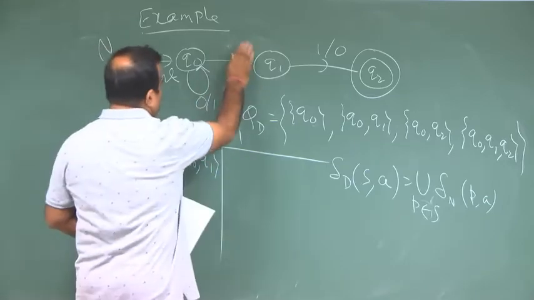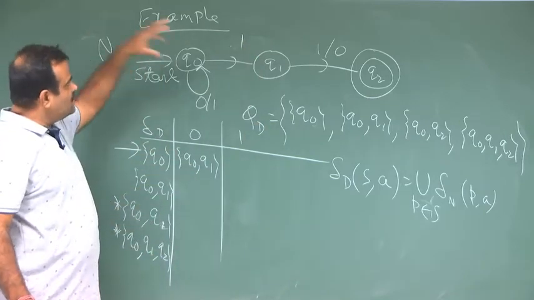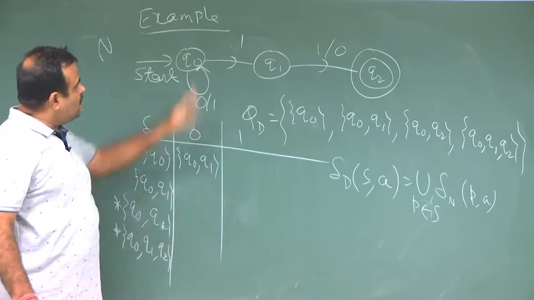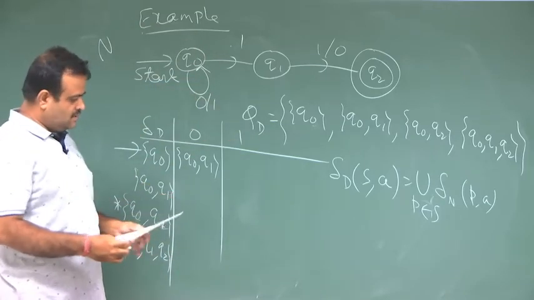Sorry, this is 1, I made a mistake over here. If this is 1, then it is accepting the string 0 1 1 or 1 0. Yeah, this is 1.